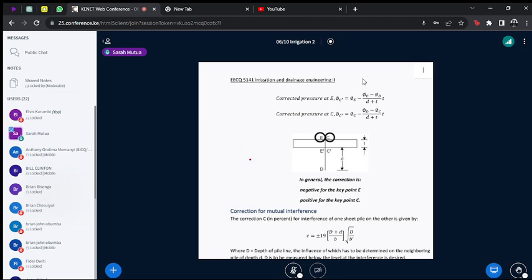So another question, and I will ask Brian Cheruiyot. If you see water flowing from an upstream side to a downstream side, where do we usually have the high pressure, or where is the high energy? Let me just try to draw something.